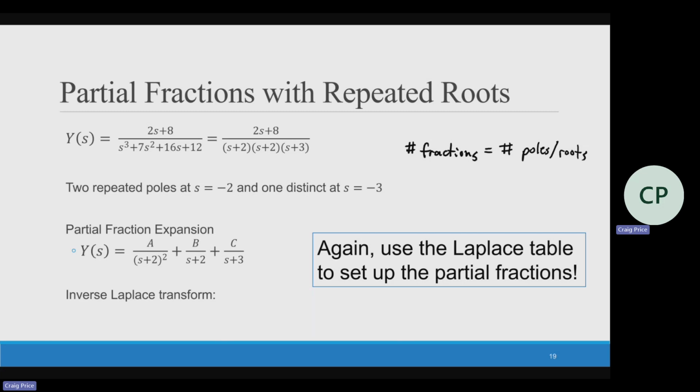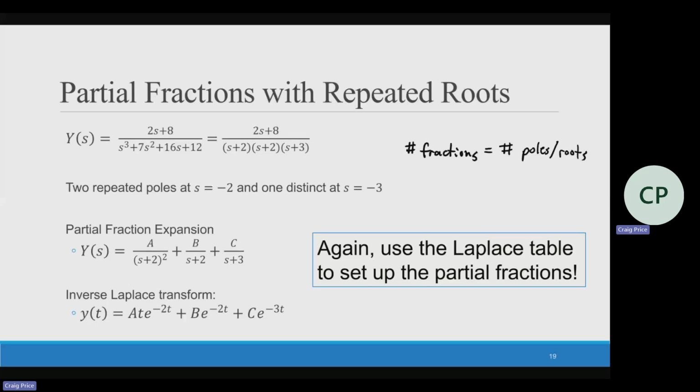I don't think so. But based on this, using the table, we would get something like this. So we would have t times e to that root -2. It would look a little bit different than what we had before. But usually our roots are either real or complex.